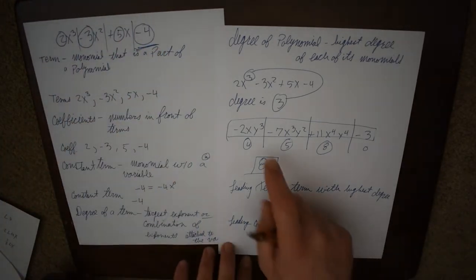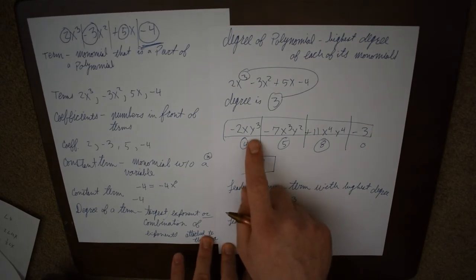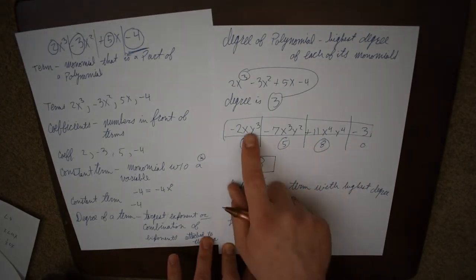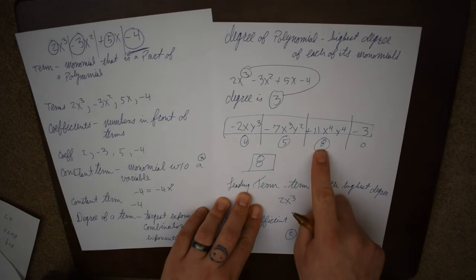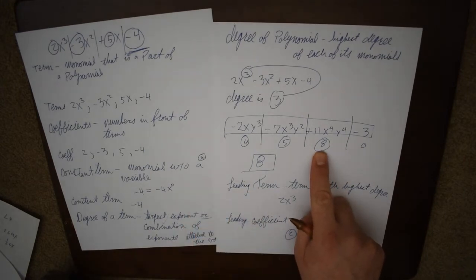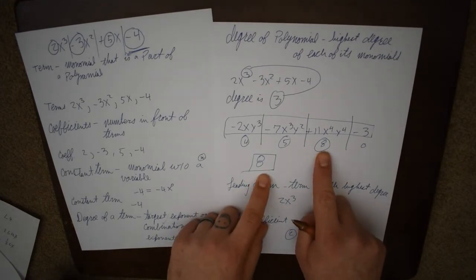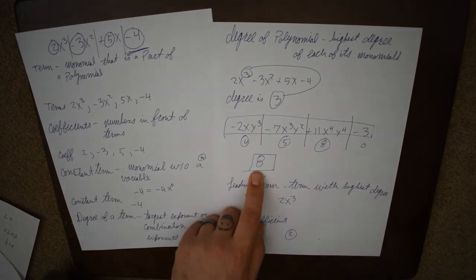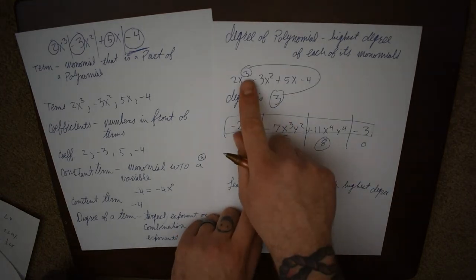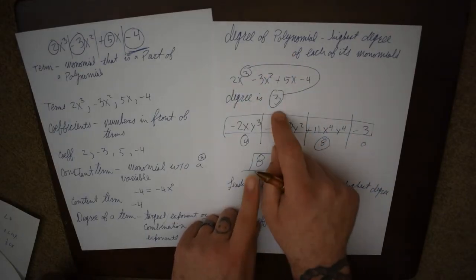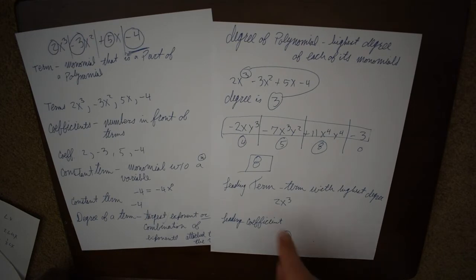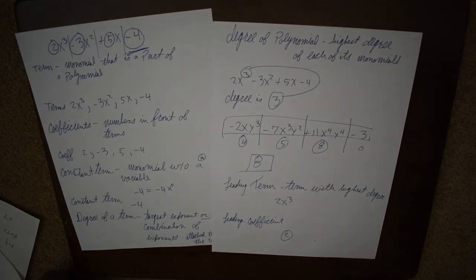Be careful with degrees when we have multiple variables in each monomial. You have to add the exponents together. The degree of the polynomial, you go through and you pick the biggest degree, and the highest degree of one of your monomials is the degree of the polynomial. Over here, the highest degree was 3 of that monomial, so the degree of this whole polynomial was 3. Leading terms, they're the thing with the highest degree, and the leading coefficient is the number in front of the leading term.